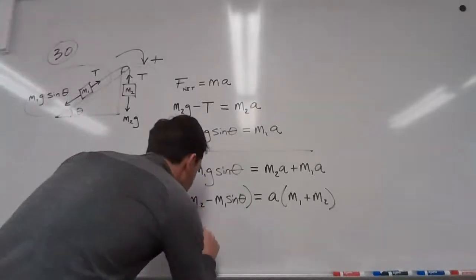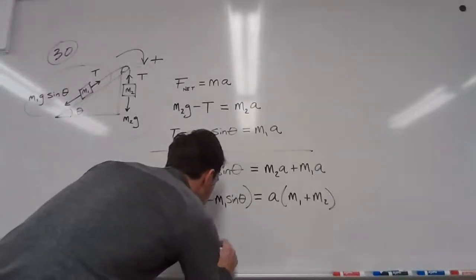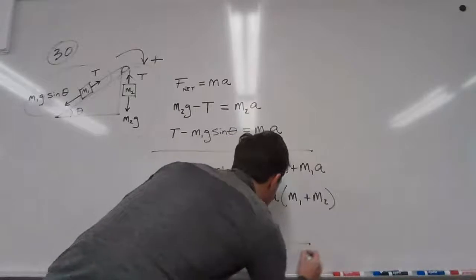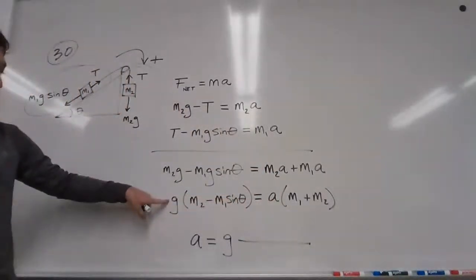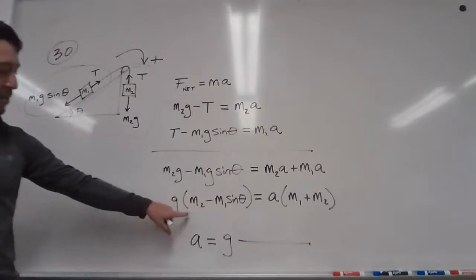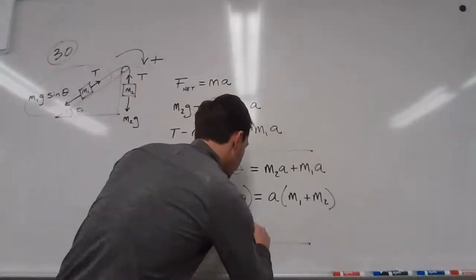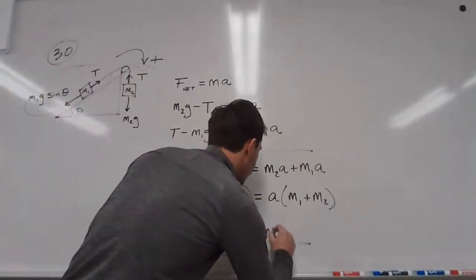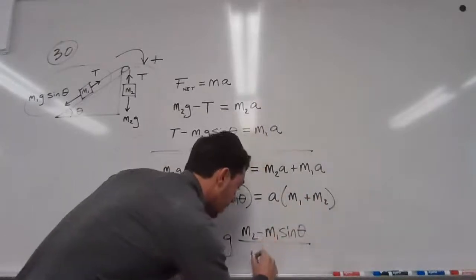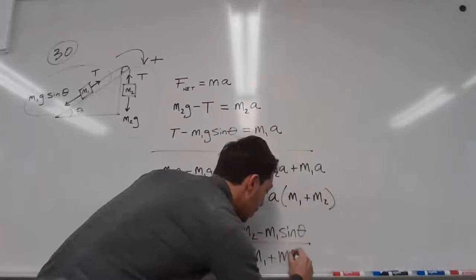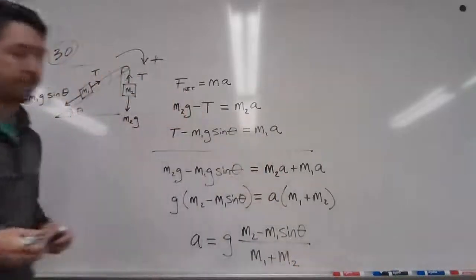And then we're done. So A is equal to G multiplied by some factor. And that factor is this ratio: M2 minus M1 sine theta over the sum of M1 and M2.